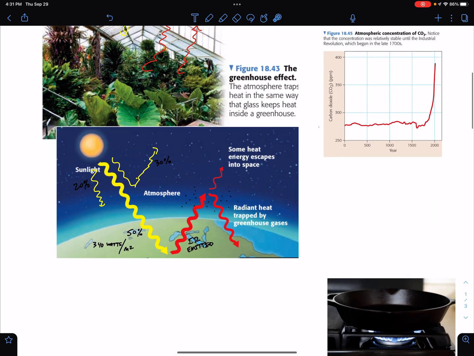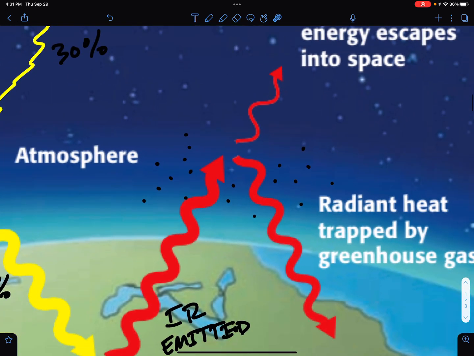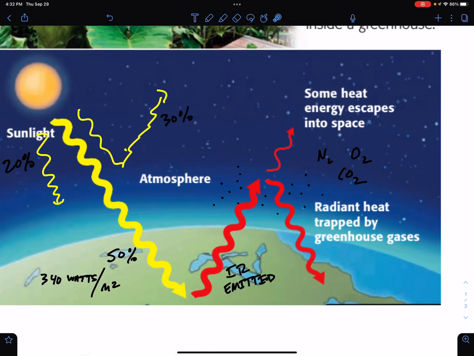The same is true of light in the atmosphere. Sunlight is transparent to the atmosphere, but there are all these tiny little particles in the atmosphere. So the atmosphere, remember, is made up of a bunch of different things. We got a bunch of N2, we got a bunch of O2, we got a bunch of CO2. And CO2 is really good at letting sunlight pass through, but then absorbing IR light.